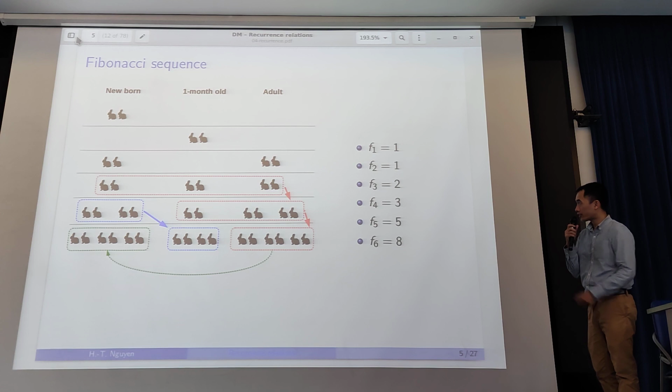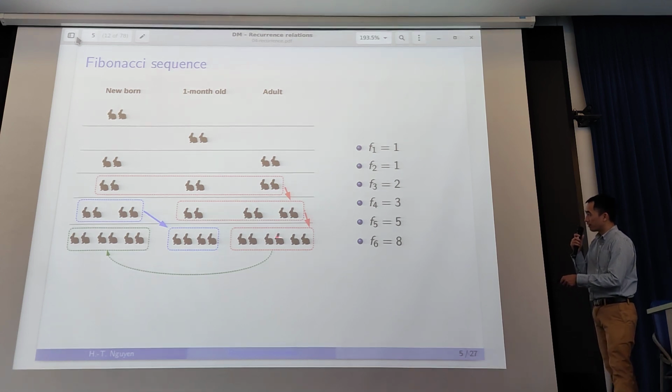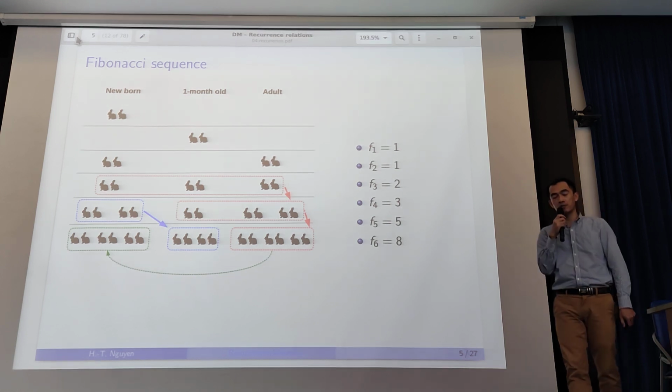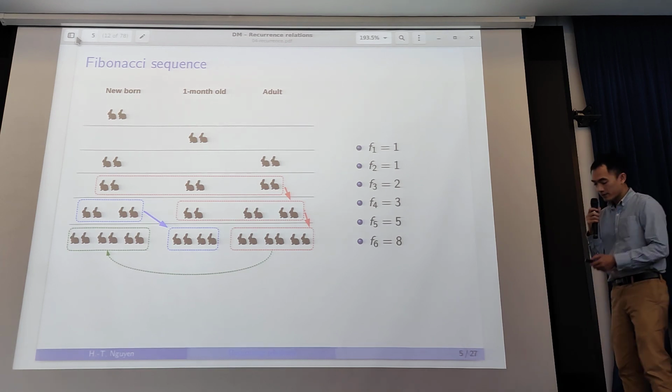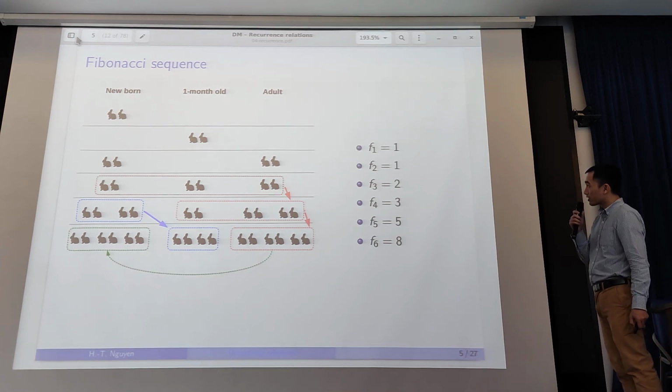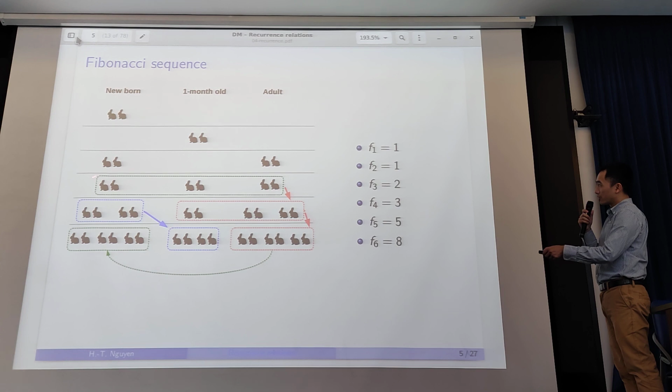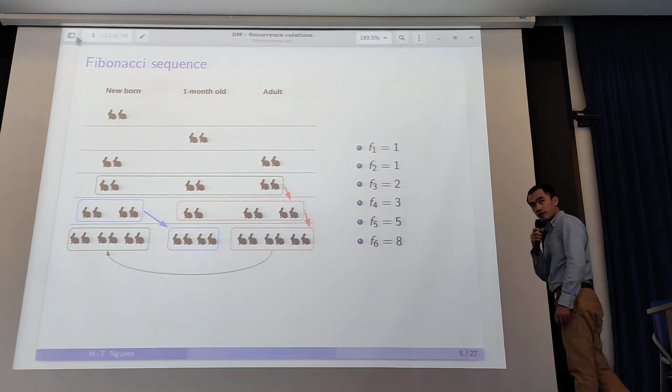So the number of adult rabbits here is equal to the total number of rabbits 2 months prior. That means the number of newborn rabbits at this month is equal to the total number of rabbits 2 months before.